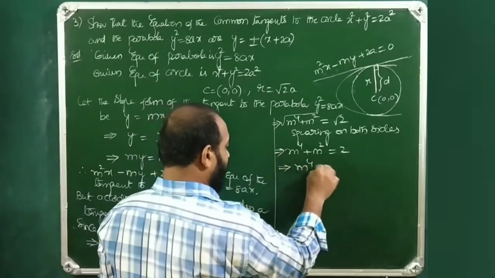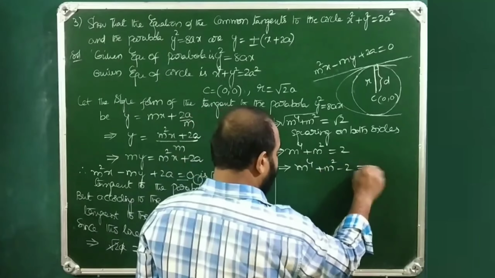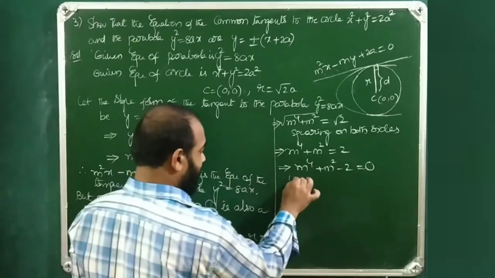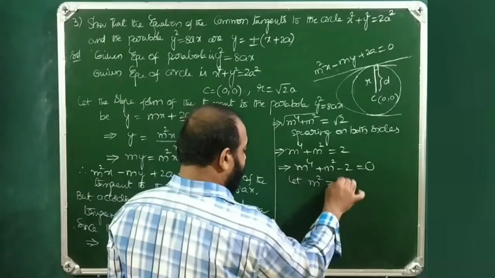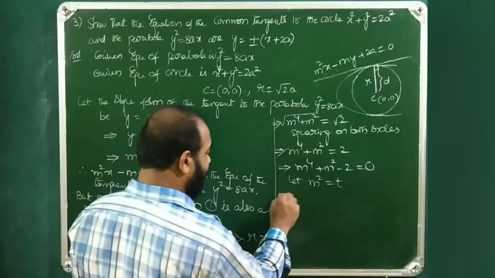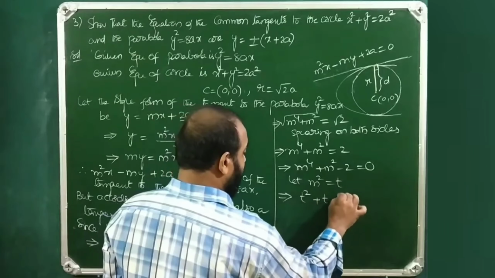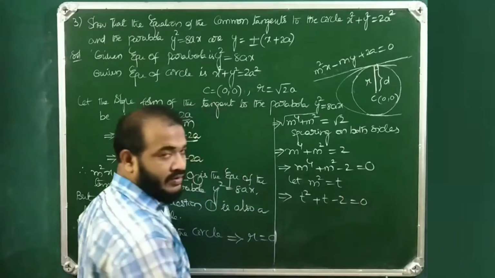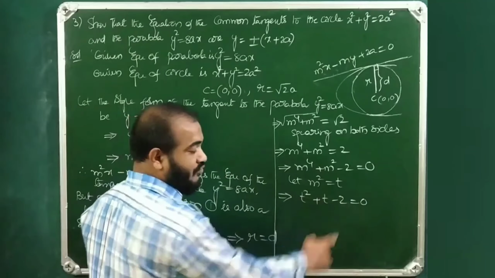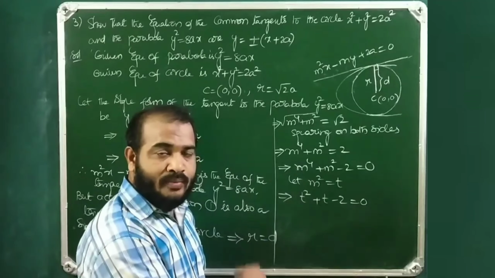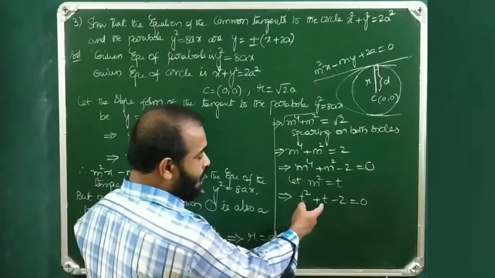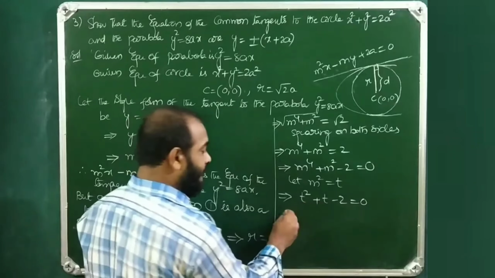m power 4 plus m square minus 2 equals 0. Let m square equal t. Then this is t square plus t minus 2 equals 0. Factorization: 1 into minus 2 is minus 2, 2 into minus 1 is minus 2, 2 minus 1 is plus 1t.